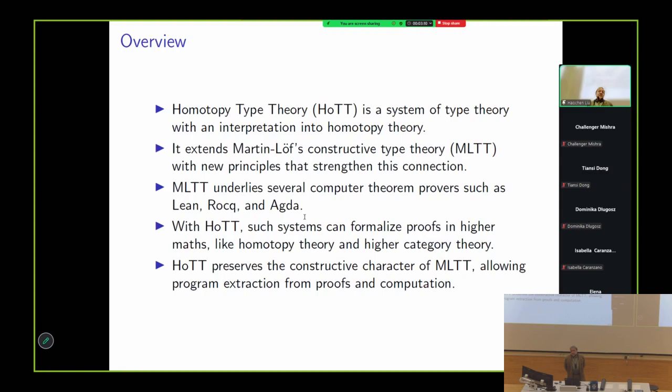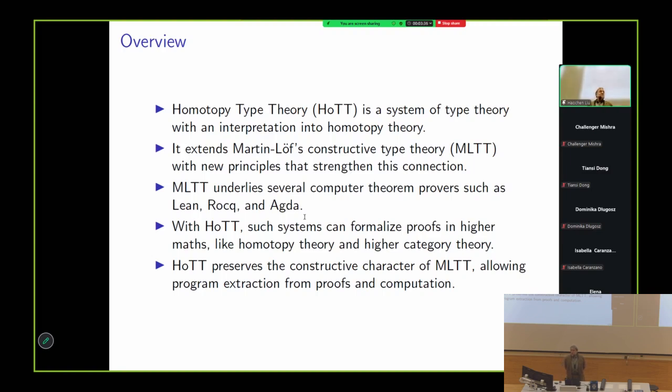The system extends an existing system called Martin-Löf's constructive type theory. I heard Martin-Löf's name come up earlier. He not only worked in statistics, which is maybe where you're familiar with Martin-Löf, but also in the foundations of mathematics and in constructive mathematics. And the system extends Martin-Löf's constructive type theory with new principles to strengthen the connection to homotopy theory.